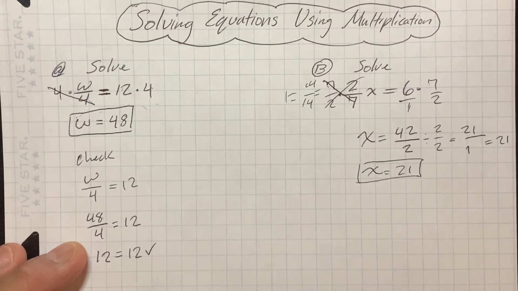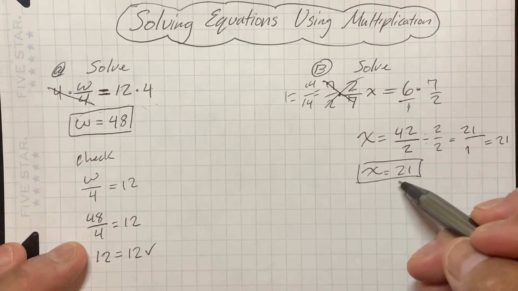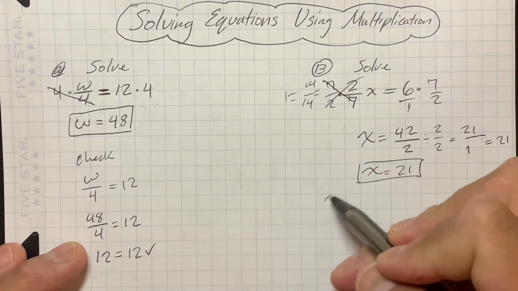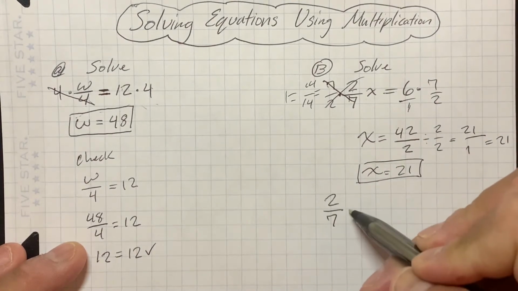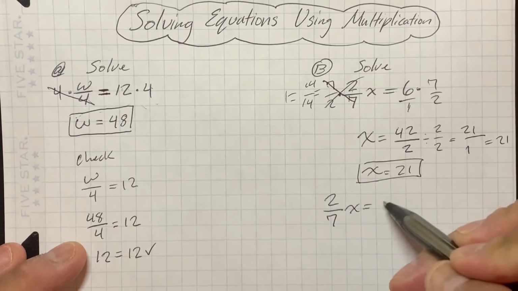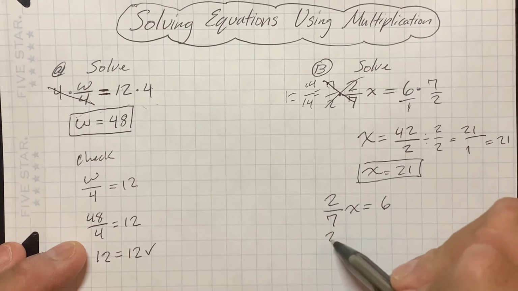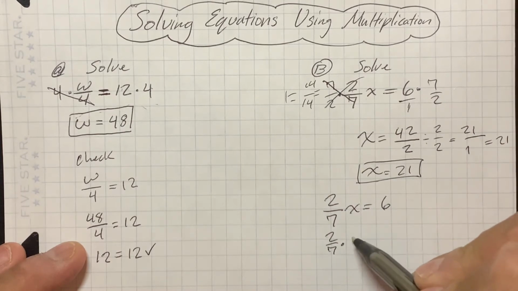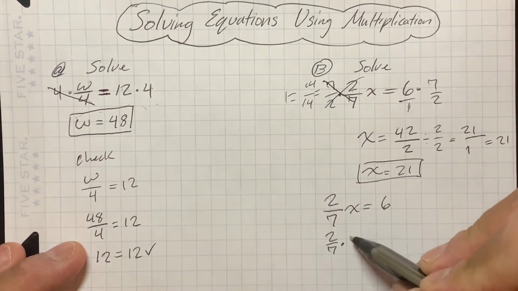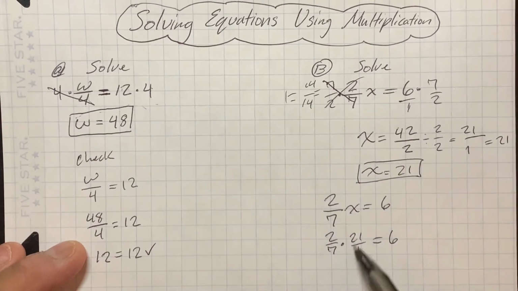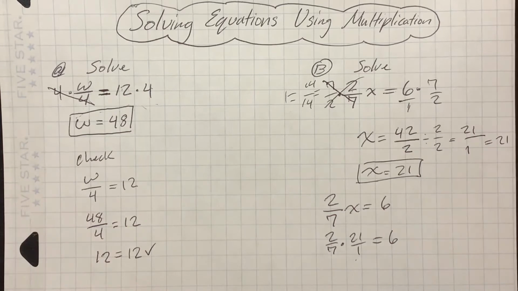That's our conjecture. Now let's check it. So if we substitute and rewrite the original equation, 2 over 7x equals 6, let's substitute 21 for x now. 2 over 7 times 21. It should equal 6. We're going to make that whole number into a fraction by putting a 1 underneath of it.